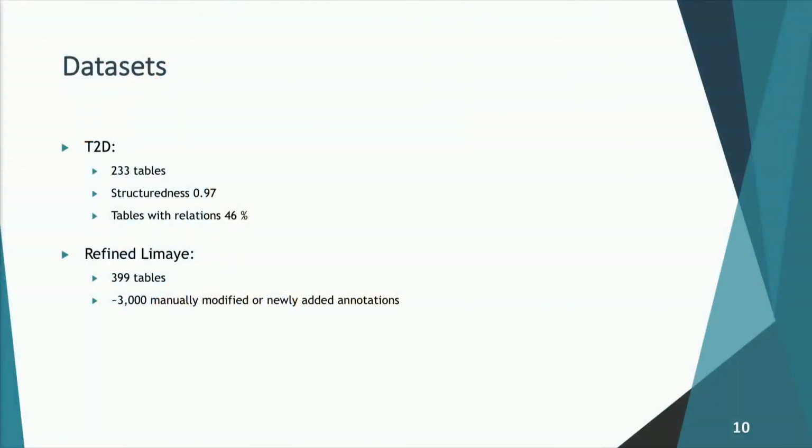To run our experiments, we ran on 2 different publicly available datasets. The first one is the T2D dataset with 233 tables. This is a dataset that is not sparse, and it also contains 46 relations in the table.